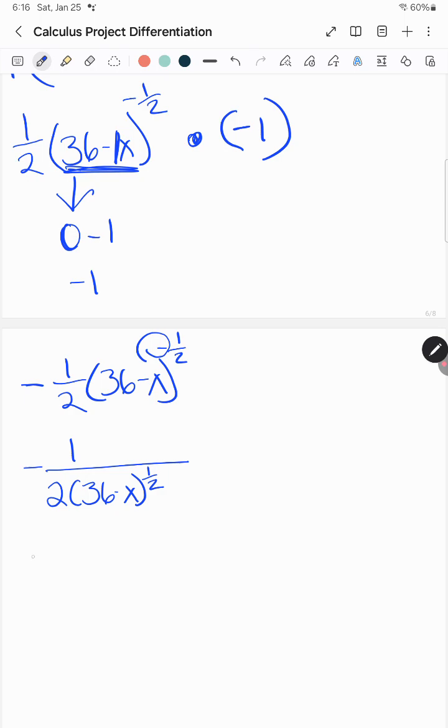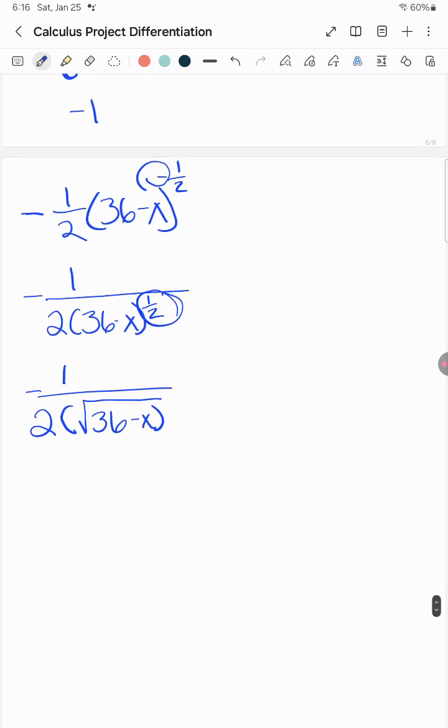So we do negative 1 over 2 times the square root, because the 1/2 exponent becomes a square root, of 36 minus x. All right, so that is our last term. This is the answer for our last term.